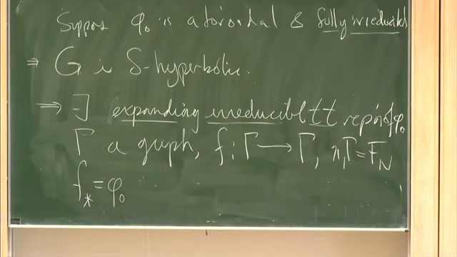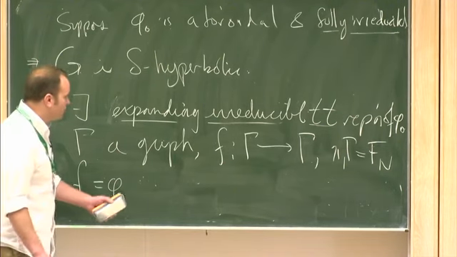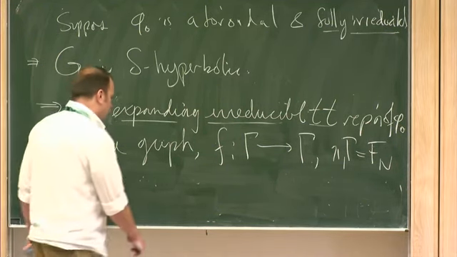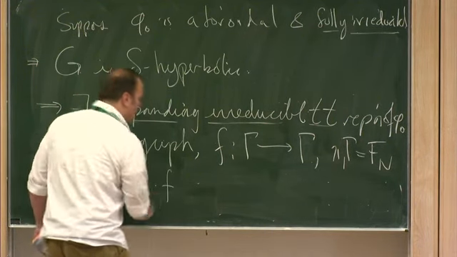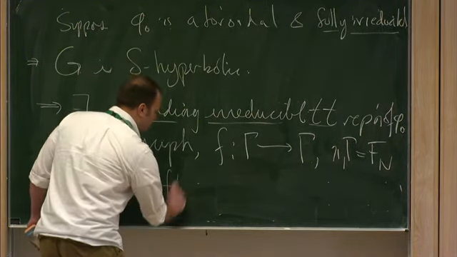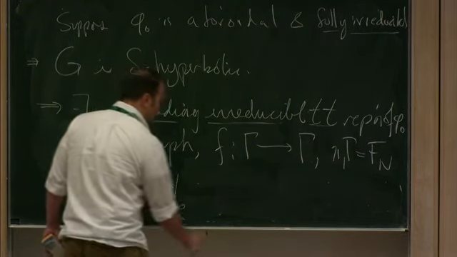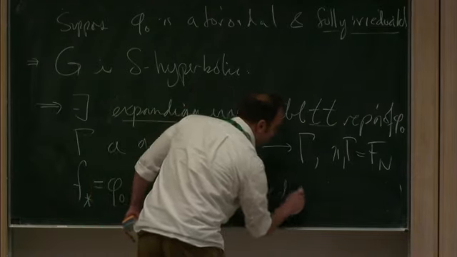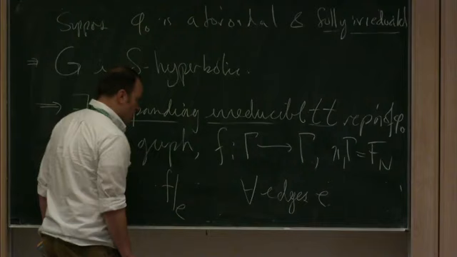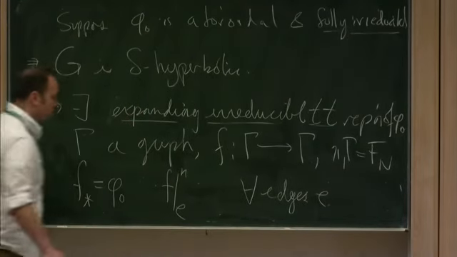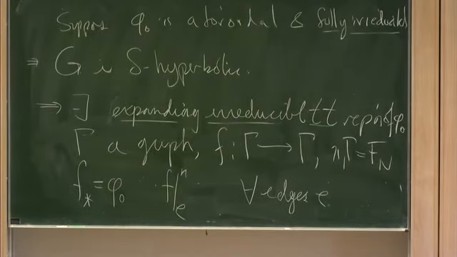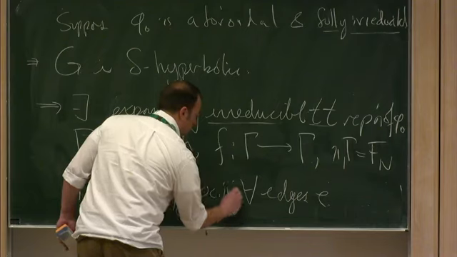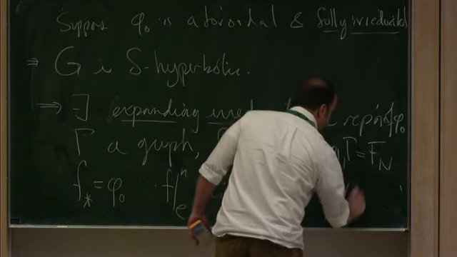And what this means, I think Echo mentioned it, is that if I take F and I restrict it to any edge, so for all edges E, and then I iterate this restriction, this is locally injective for all edges E and for all n bigger than 0.